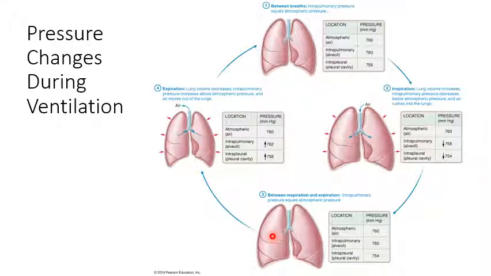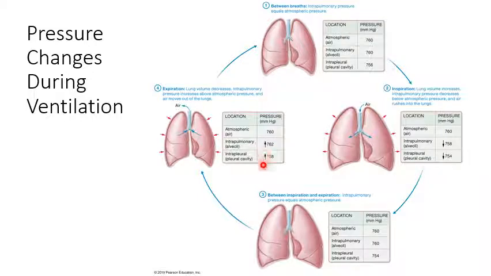Then if you let that breath go, the volume of the thoracic cavity is going to go down. Here you can see it's bigger, here it's smaller. The lung volume will go down in turn. Since there's less volume, the pressure will go up. So now the intrapulmonary pressure is a little bit above atmospheric pressure, and again, just a teensy bit.